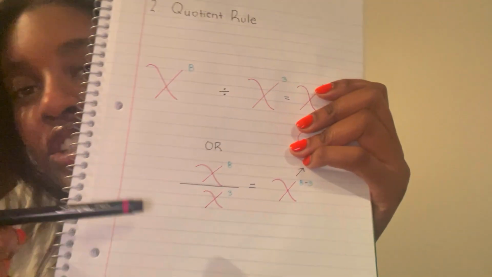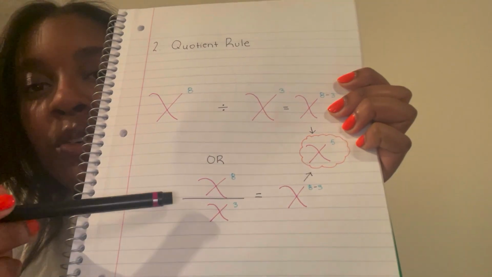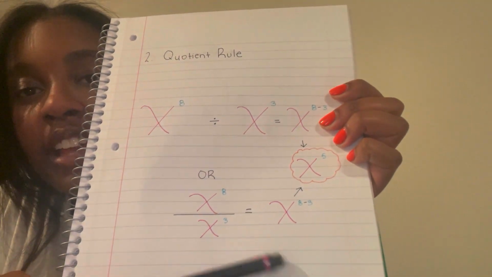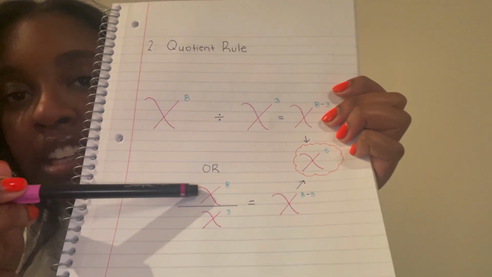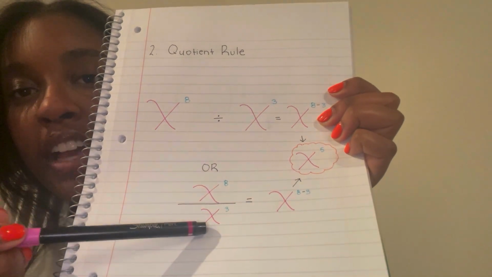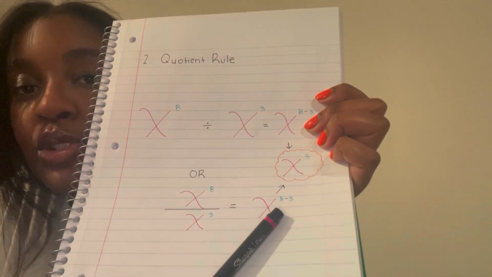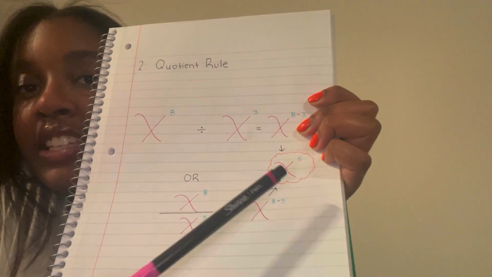So we could also write it like this. Even when you see this, you should still know that you're using the quotient rule. Here again, I have x raised to the power of 8 divided by x raised to the power of 3, and I'm still subtracting my exponents to get the same exact solution.